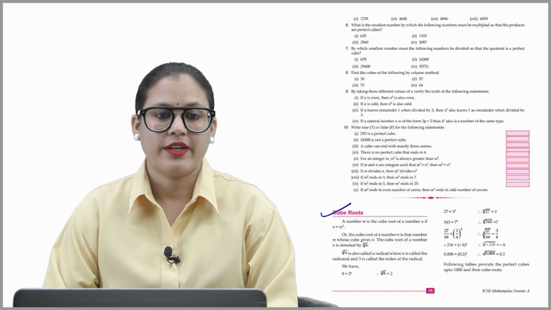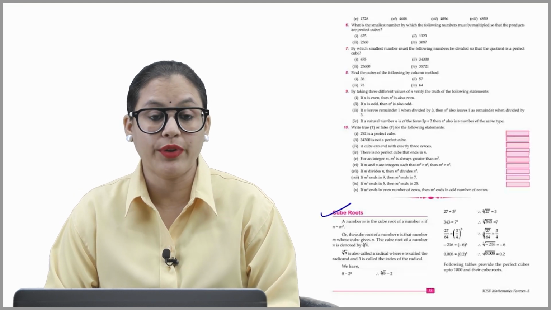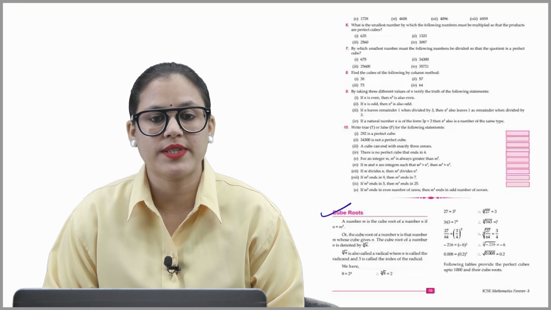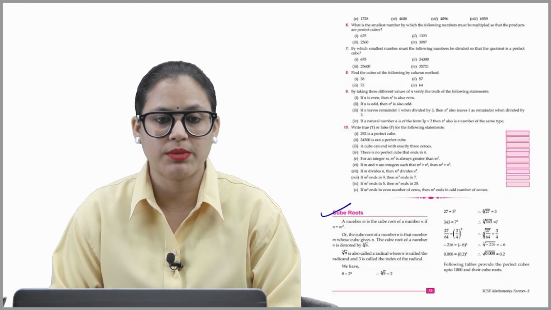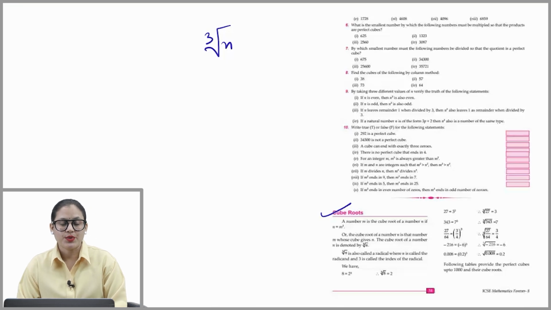Cube roots. A number m is the cube root of a number n if n is equal to m cube, or the cube root of a number n is that number m whose cube gives n. The cube root of a number n is denoted by this symbol.